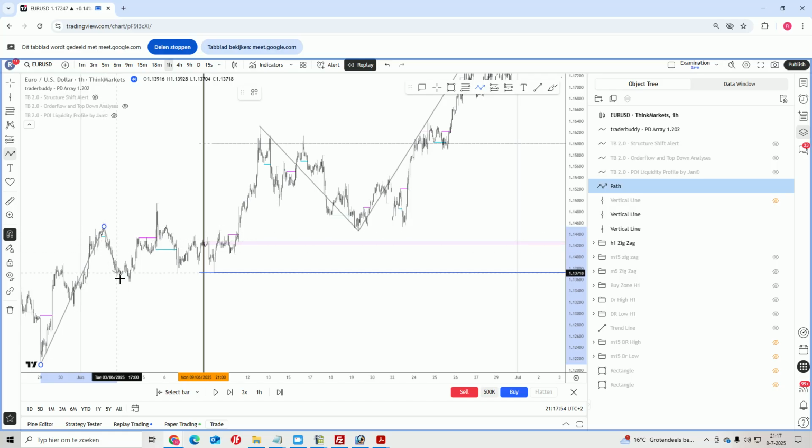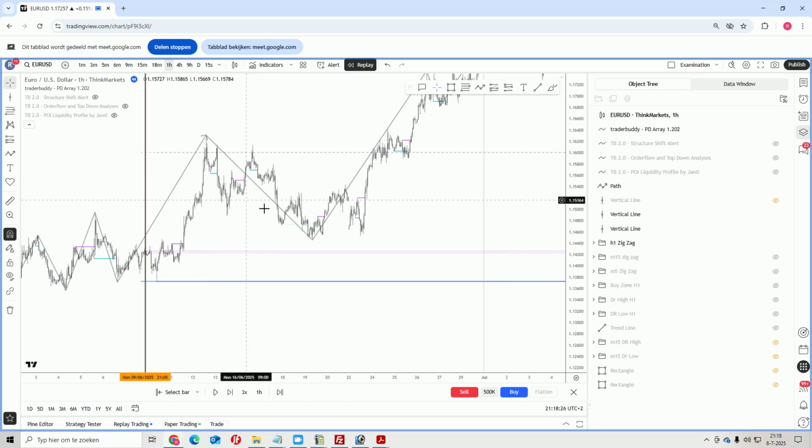Then we track price down, and we take the lowest point after we break an old high. And now the last one was an old high, so now we track price until we break an old low. Now we mark the lowest point and we look for the break of an old high. Then we follow price up, and now we have our structure.